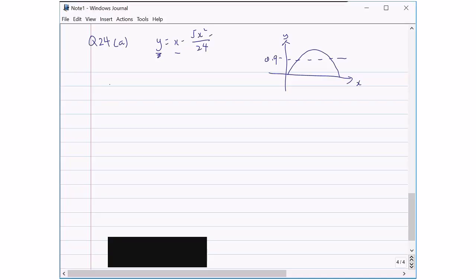So if the question says you want a height to be above 0.9, it means x minus 5x squared over 24 is to be bigger than 0.9. So my aim now is to solve for x here. So I'm going to solve this inequality for x.